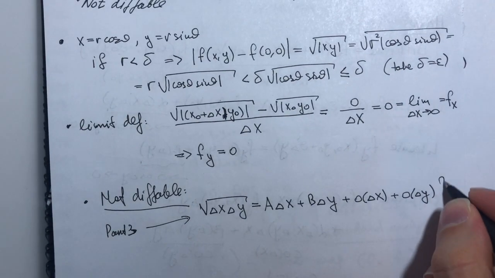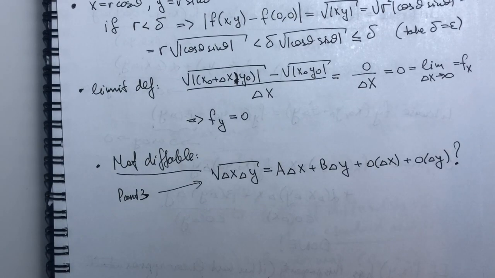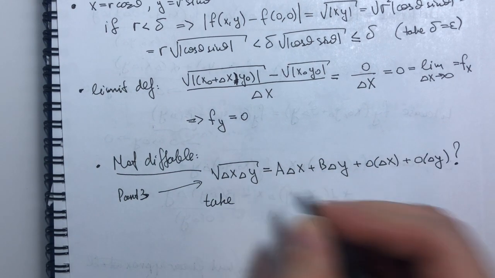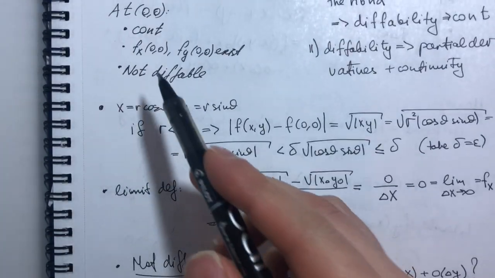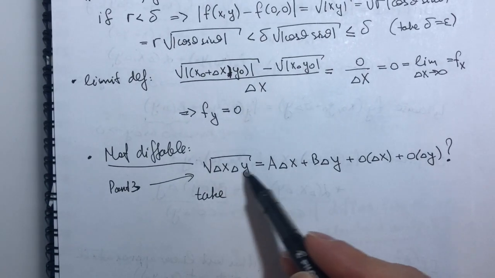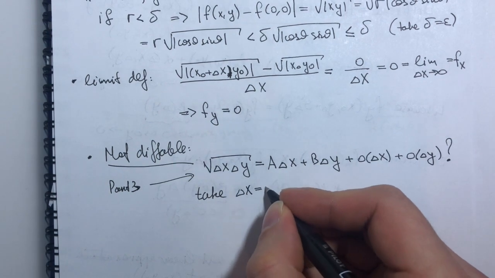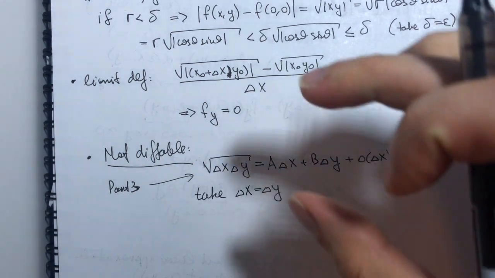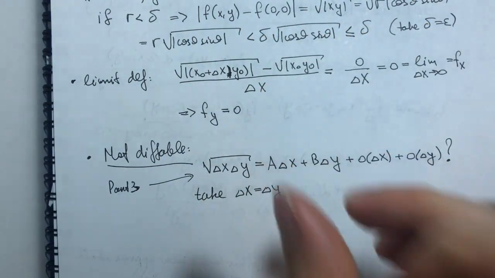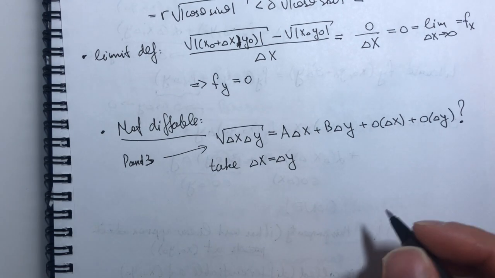So the question is, is it possible? So if this holds in the neighborhood around (0, 0), this should be true for any delta x and delta y. So suppose I take delta x equal to delta y. So I give the same length of increment in each direction for my function.